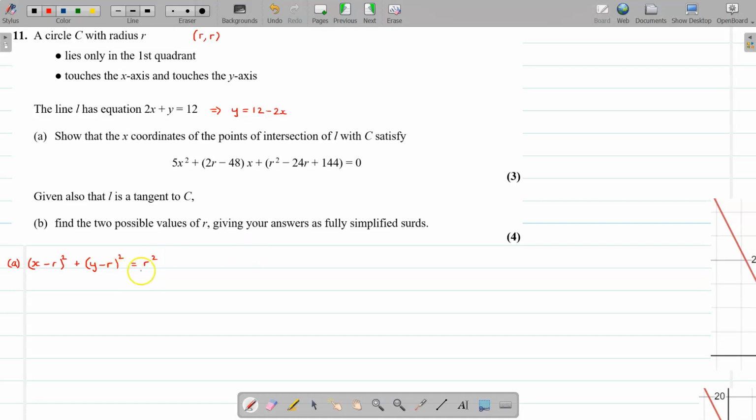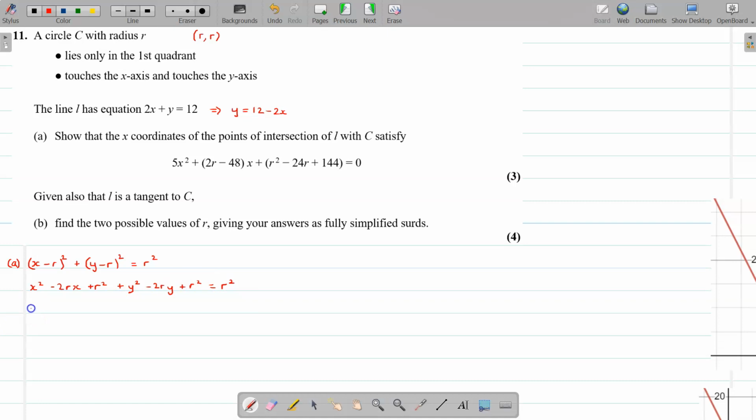So we need to expand all that out, and that will give us x squared minus 2rx plus r squared. Then it's going to give us y squared minus 2ry plus r squared. And all of that equals r squared. Okay, now we can replace the y with 12 minus 2x, and we can also cancel out these two r squareds here.